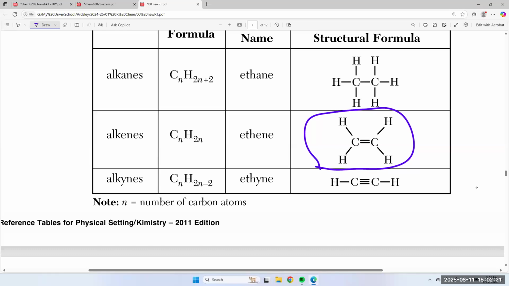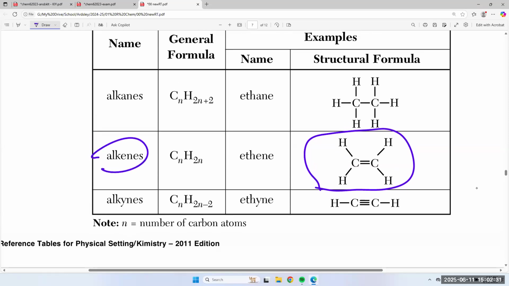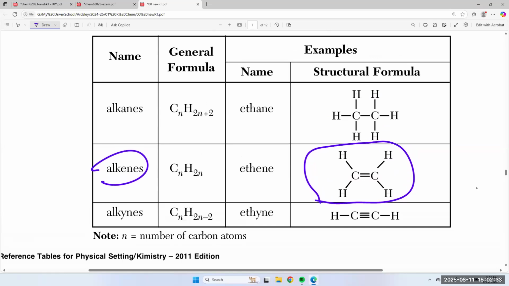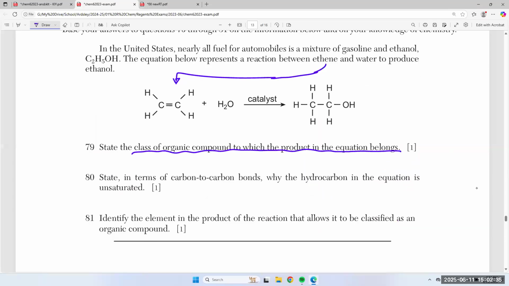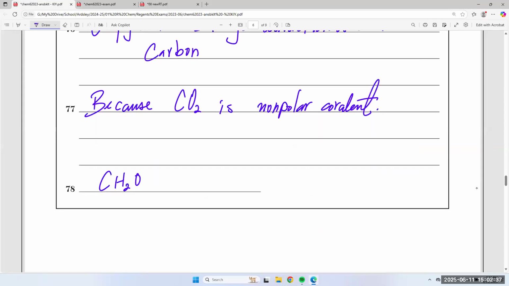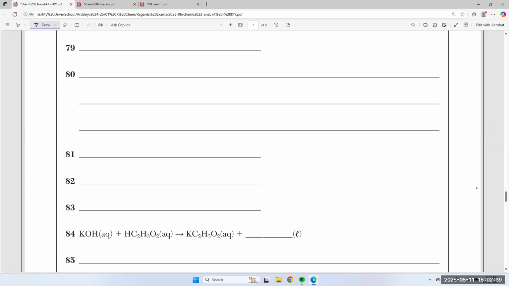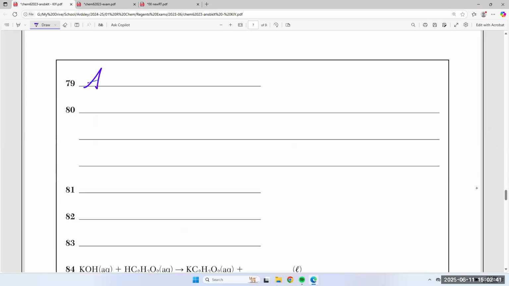Now, remember, guys, this is from June 2023. So in the actual exam from 2 years ago, they literally used the same one as the example, right? And what's the class of compound, right? The name is, it's an alkene.